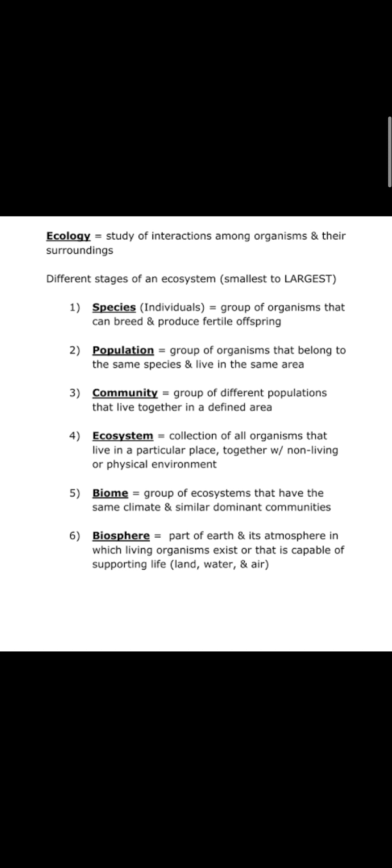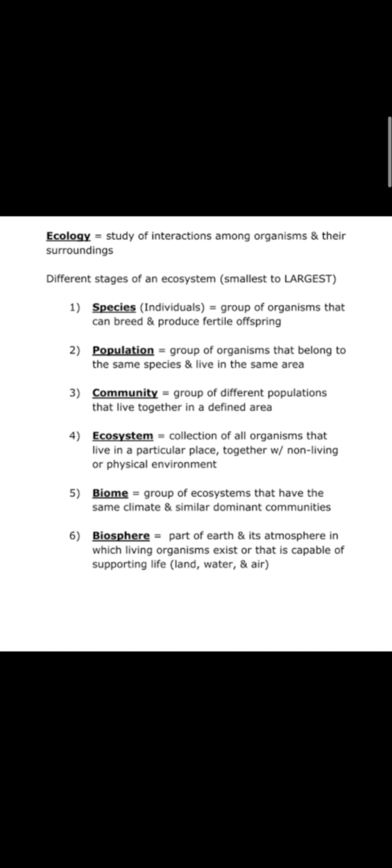In ecosystem we are going to know species, population, community, ecosystem, biome, and biosphere. Species are also known as individuals, a group of organisms that can breed and produce fertile offspring. Population is a group of organisms that belong to the same species and live in the same area. Community is a group of different populations that live together in a definite area with common characteristics.